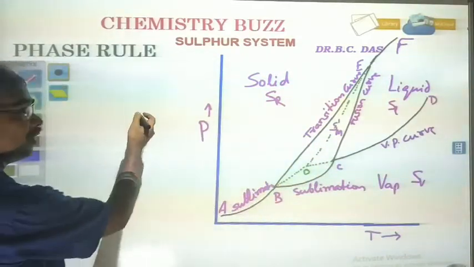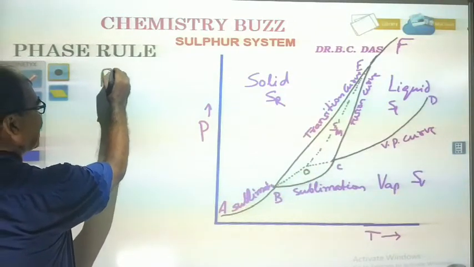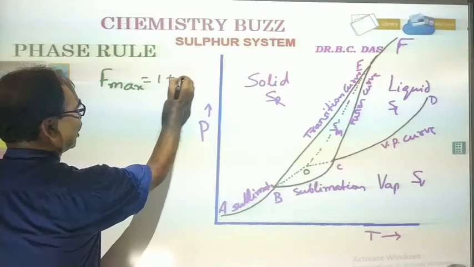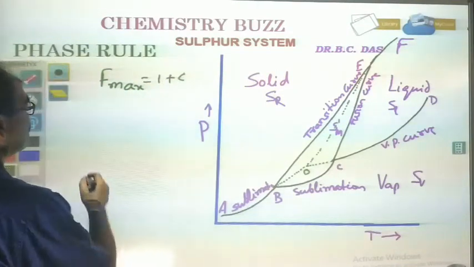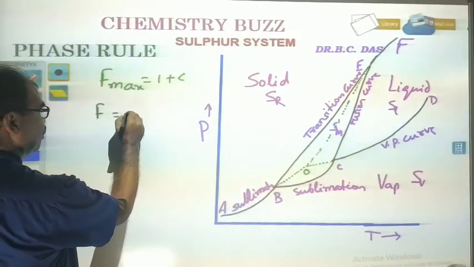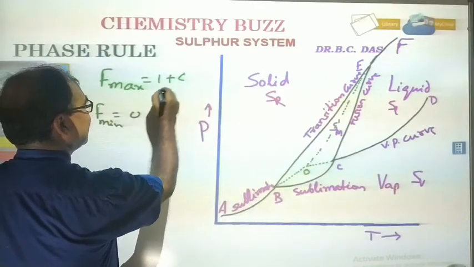So from the basics of the phase rule, we have F max is equal to 1 plus C, and F minimum is equal to 0. So F max is equal to 2.